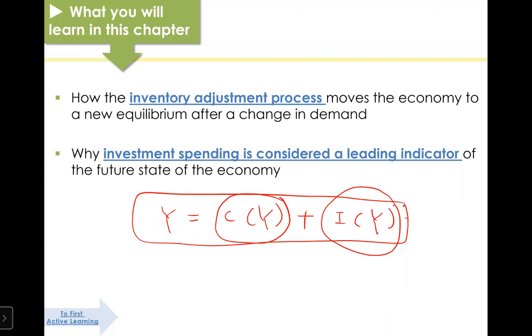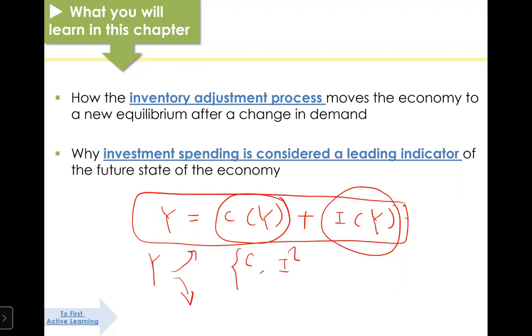And you're going to see, when Y is changing, either increasing or decreasing, it's going to lead C and I to change. Maybe one item, maybe both, but we will see what's going on.